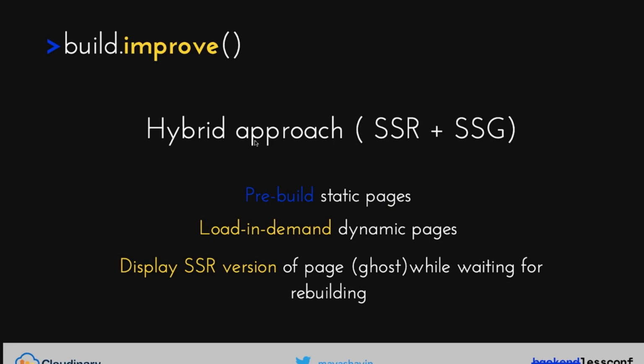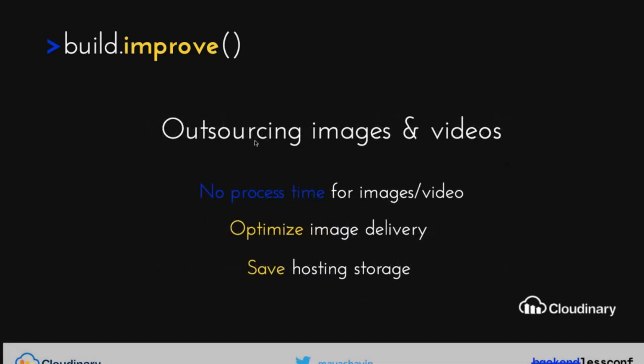The third approach is outsourcing whatever images and videos you have in the application. This reduces the processing time for images and videos to 0. Once you outsource images and videos and let them do the optimization for themselves, you don't have to worry about it.